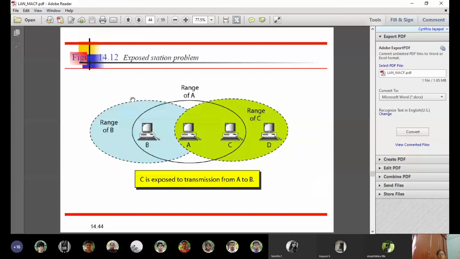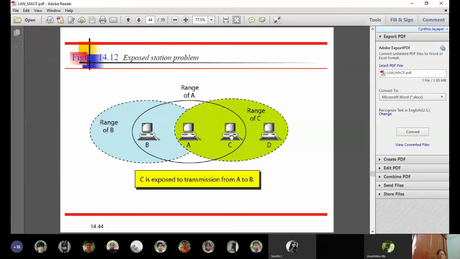Now, the exposed station problem. Here you see again B wants to transmit to A, and C wants to transmit to D. Or assume that A has something to transmit to B, and C has something to transmit to D. In that case, A and C are within each other's range, so C is also present in the transmission range of A. C will think, A has got something to transmit, so if I transmit, it will result in collision, and therefore C will not transmit.